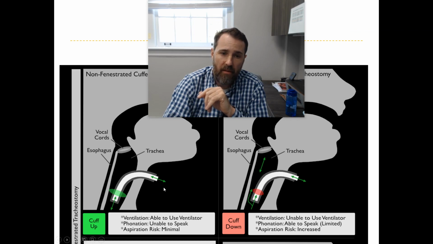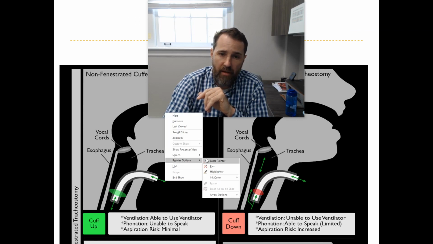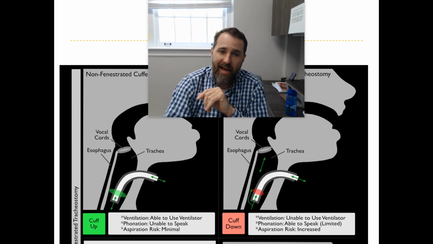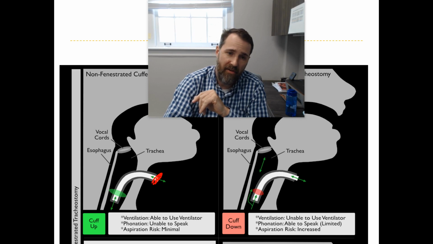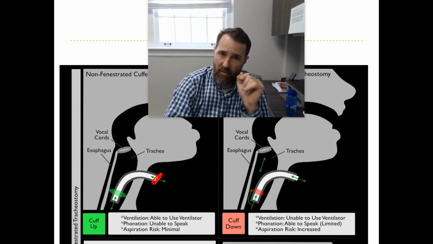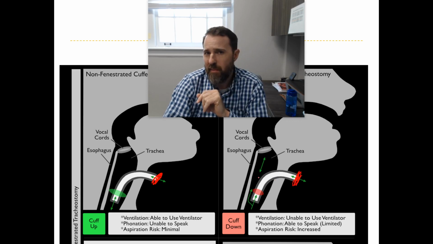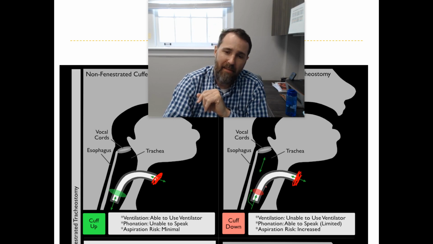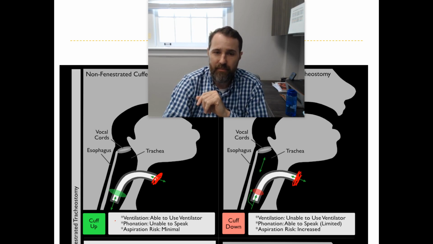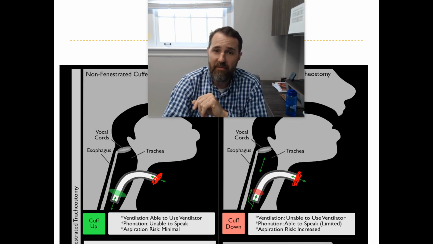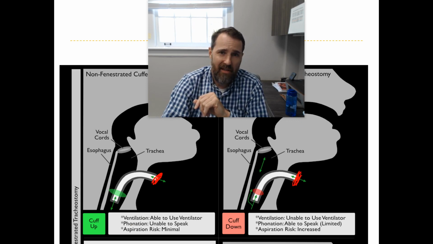Now once again, if we're talking about the cap, if we capped this guy here, we're going to be sealing off his airway entirely. So that would be a bad thing. If you capped this person here, they're still going to have some ability to respirate past the deflated cuff, although that may be very well compromised.